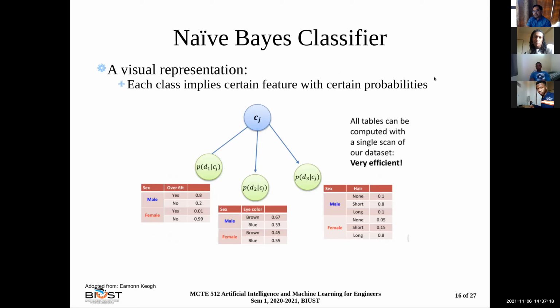So if you take a visual representation, for example, in this case each class implies there's one class and there are certain features. The first feature is the probability D1 given a class of CJ. So the sex, I don't know which one is the class here.